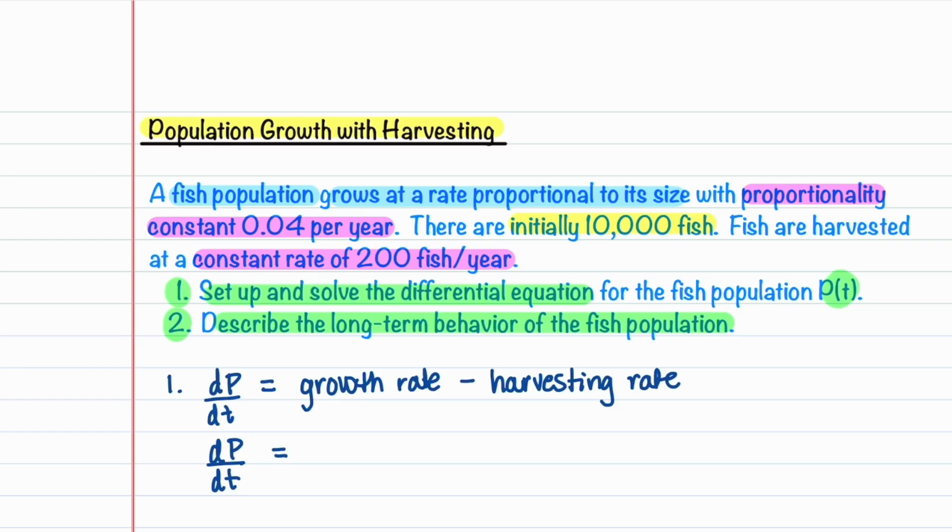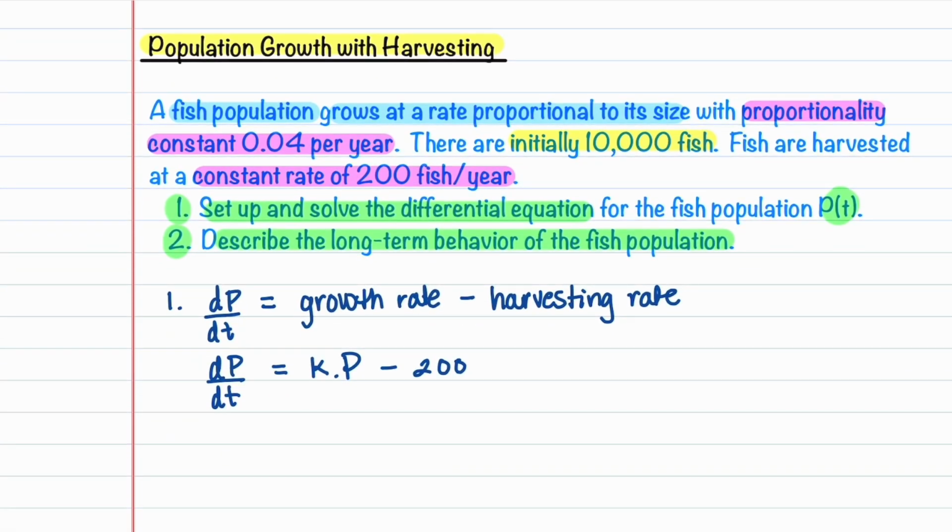So the way we write that mathematically is we have a proportionality constant k, and then we have a P. That just means that the rate dP/dt is proportional to P. And then we subtract off the harvesting rate, which we're told is 200 fish per year. So we just subtract off 200.